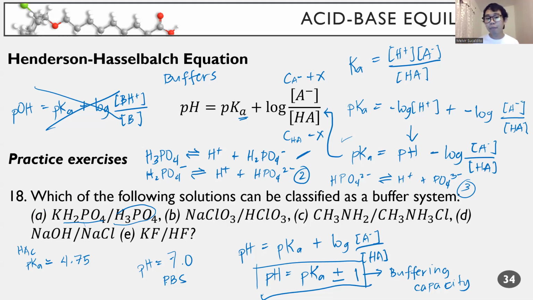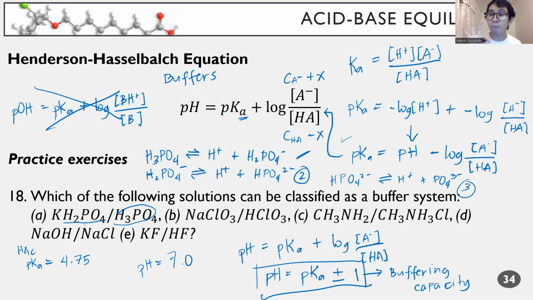Meron ba po talagang totoong buffer system na ganito ang ginagamit? Yes, yung PBS. PBS is a common buffered solution. Although yung pH 7, this is a mixture of, PBS kasi tatlong system yan eh. Pwede kang mixture ng phosphoric acid and dihydrogen phosphate.